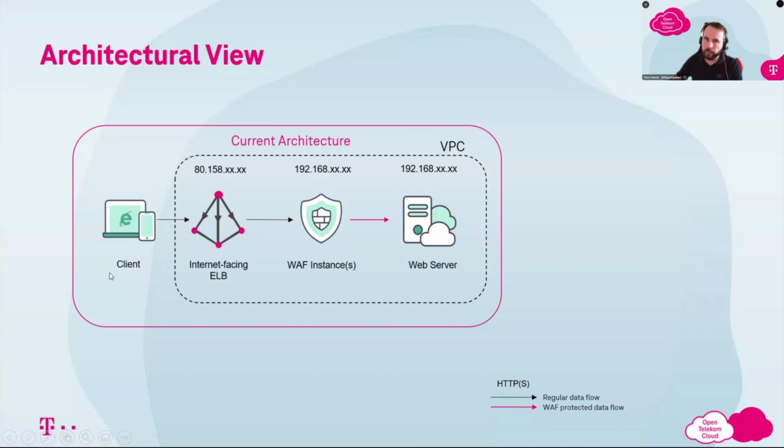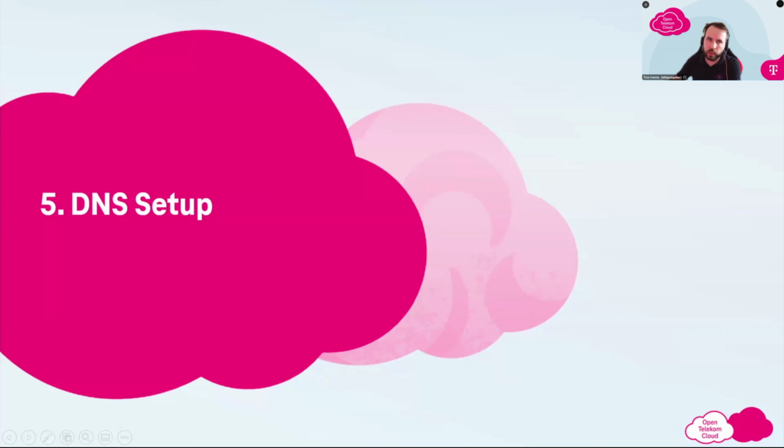The next thing is, what we have done now is everything on IP address level. That means you need to know which IP you want to access. The next step would be a DNS setup. You don't want to remember the IP address.